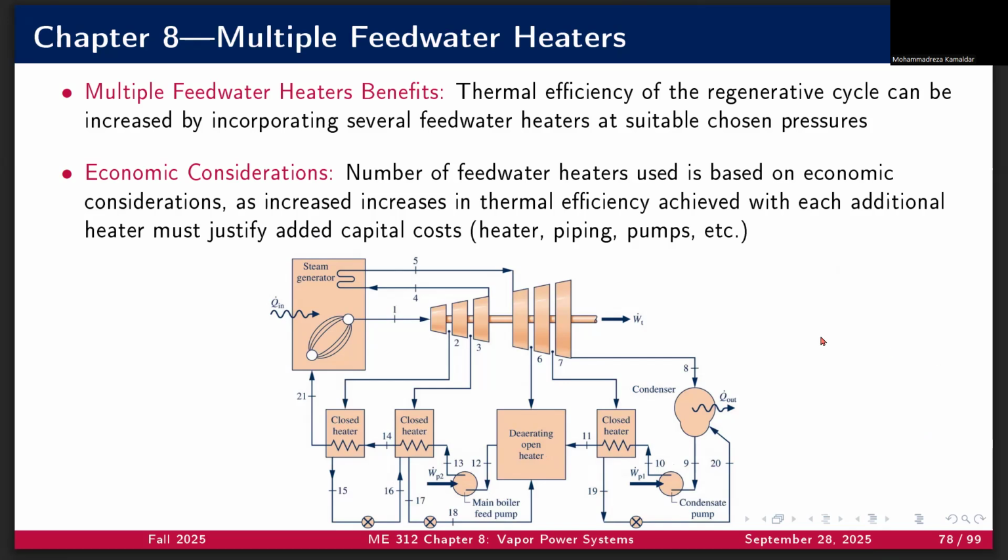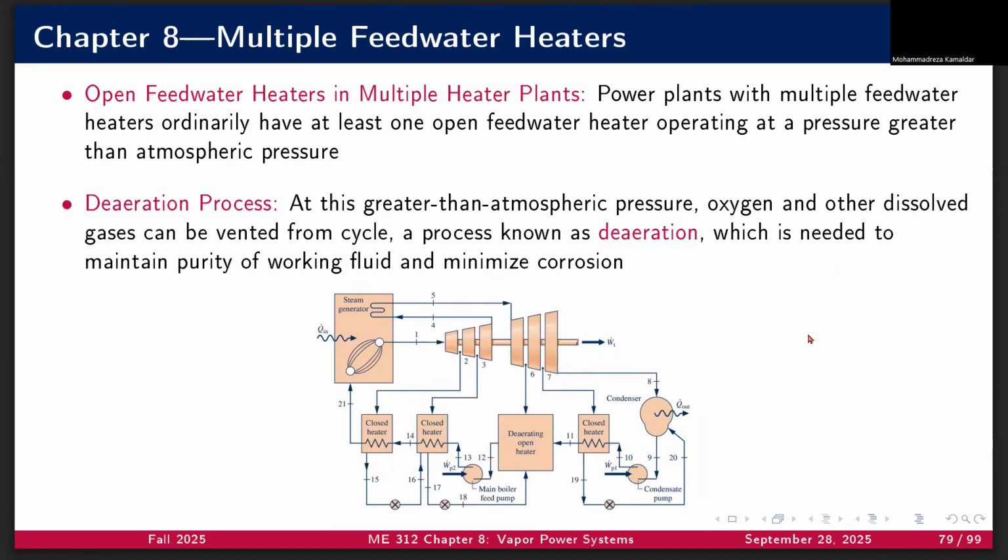So as we established, complex power plants use multiple heaters, often a combination of closed and open types, to maximize thermal efficiency. Now let's explore why even in a system dominated by closed heaters, a plant with multiple feed water heaters will ordinarily have at least one open feed water heater.